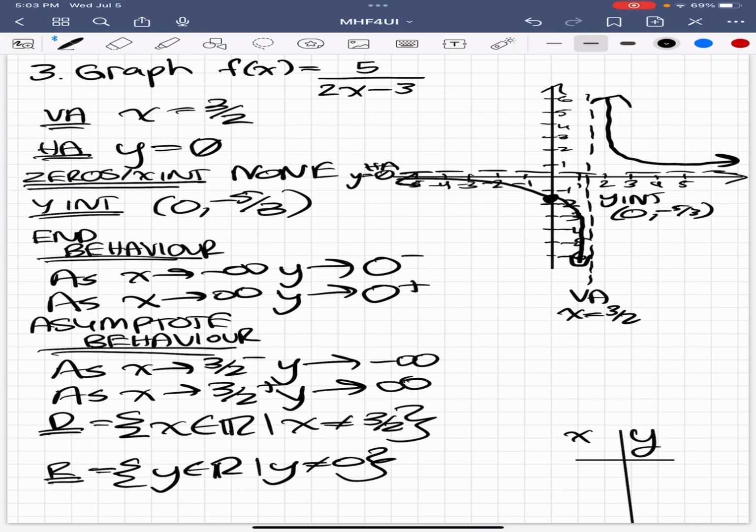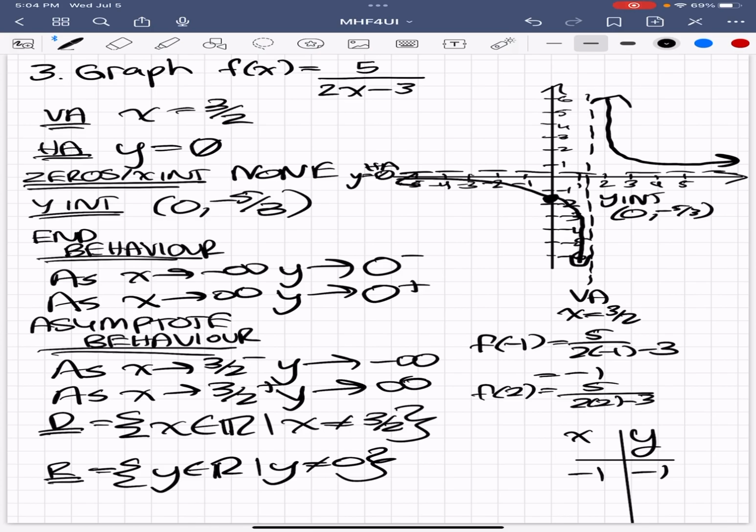Now for our extra points. And there are 2 extra points there as well.